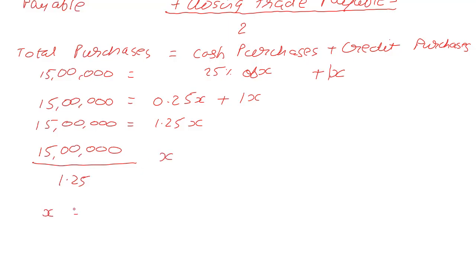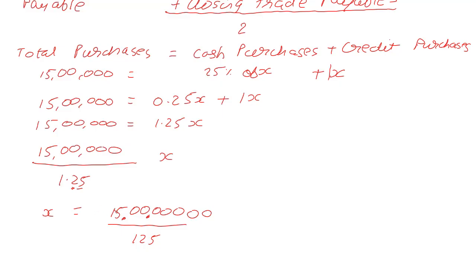X is equal to 15 lakhs upon 1.25, and maybe I'll just write it like this: 15 lakhs upon 125, and I can add two more zeros here because of two decimal spots. Now, solving this should be easy. You can do it 25 at a time, 5 at a time, that's entirely up to you.